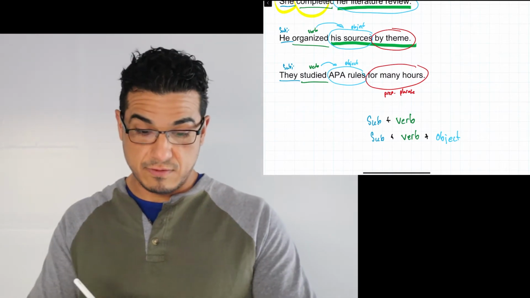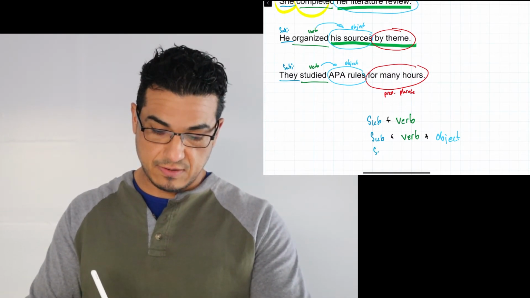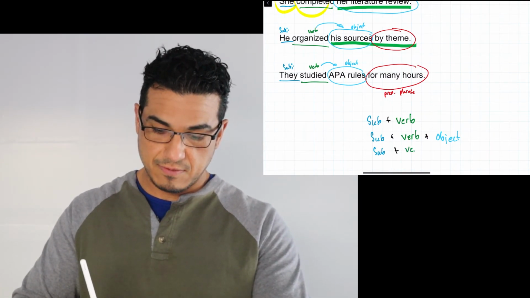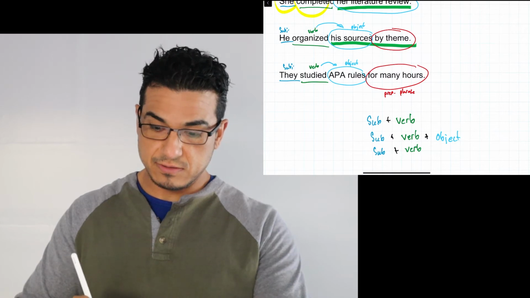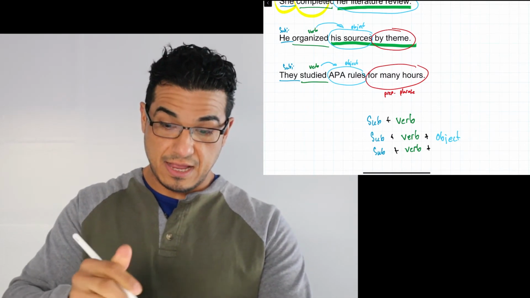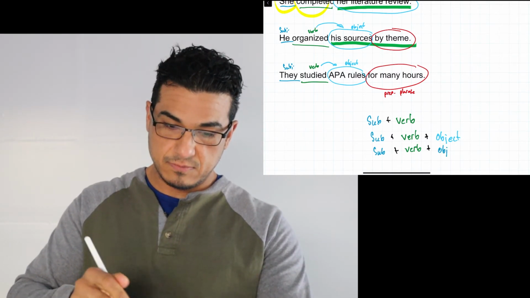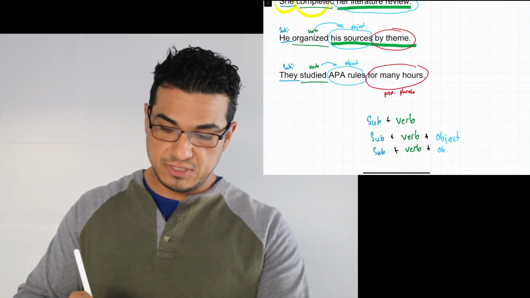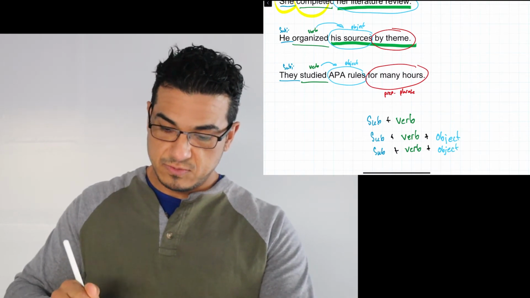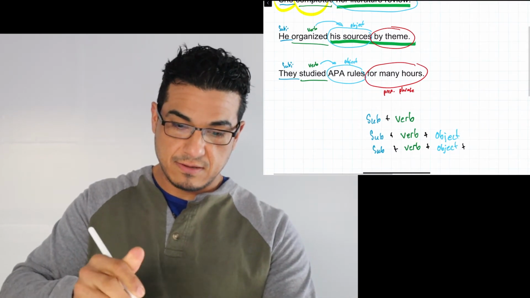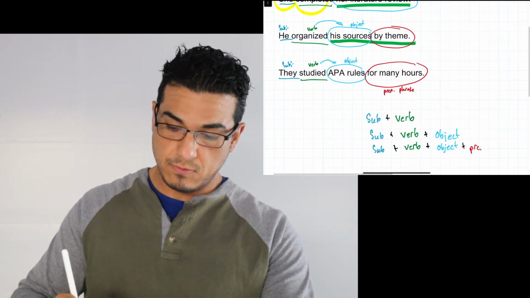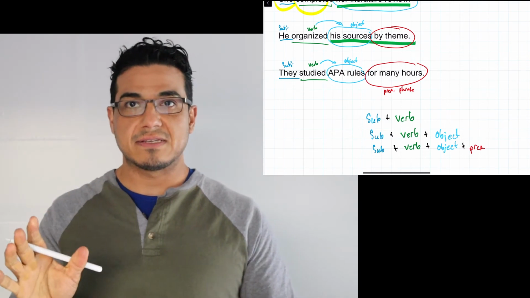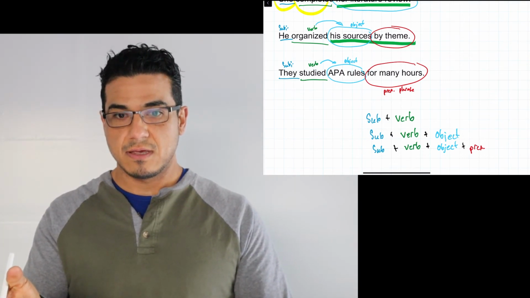And taken even further than that, you can have a subject plus a verb, plus an object, plus the preposition, or prepositional phrase. And these are all, again, very basic sentences, very basic formulations.